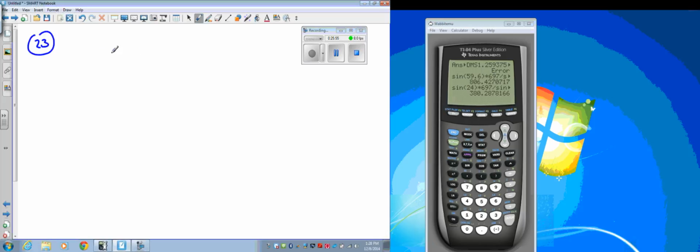Leave a little room here so we can get this. This one at 72.2.